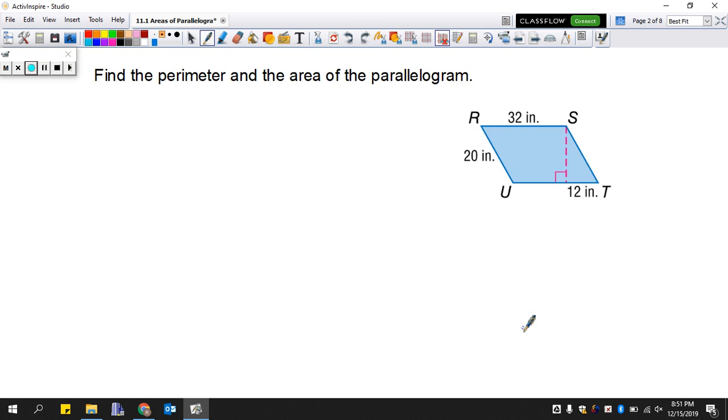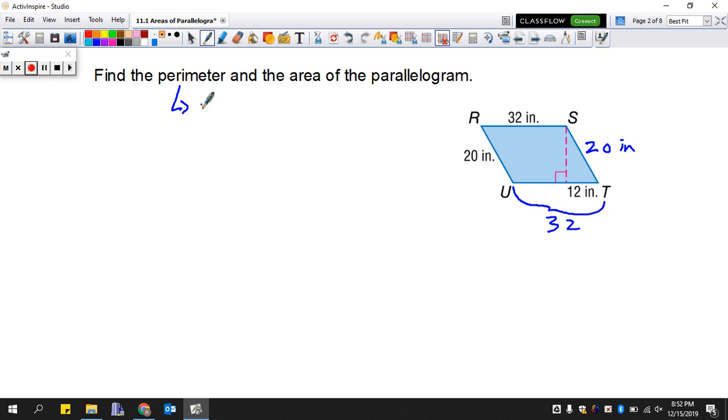So the first example says find the perimeter and the area of the parallelogram. We know that opposite sides are congruent and parallel. We're looking for the perimeter first. We know this is 20, and this is 20. This 12 here is something we're going to use in a minute, but the entire length of this whole side is the same as the top one, so that's 32.